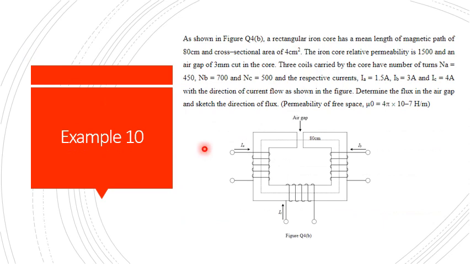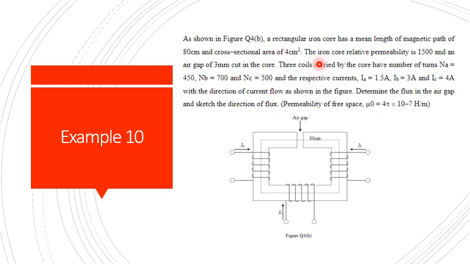Okay, next example 10. This is one of the past year questions I would like to discuss with you. As shown in figure Q4b, a rectangular iron core has a mean length of magnetic path of 80 cm and cross-sectional area of 4 cm squared.